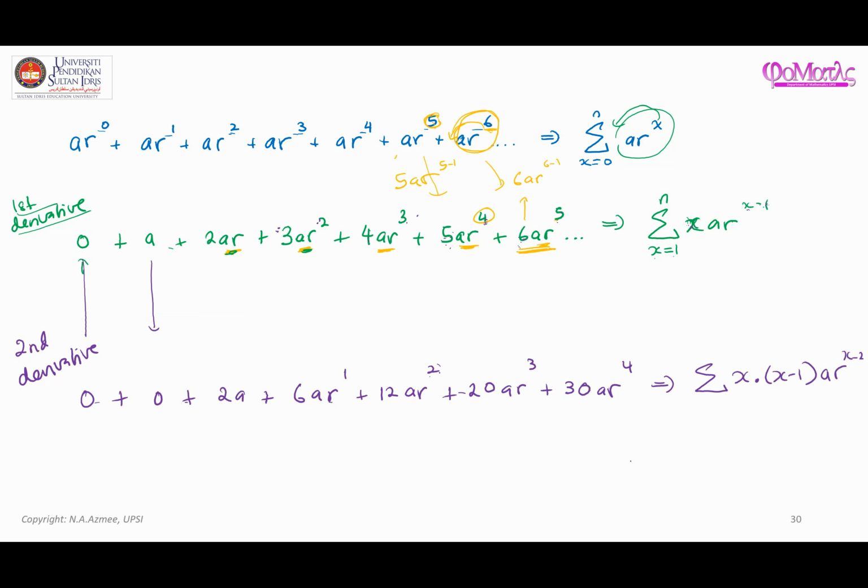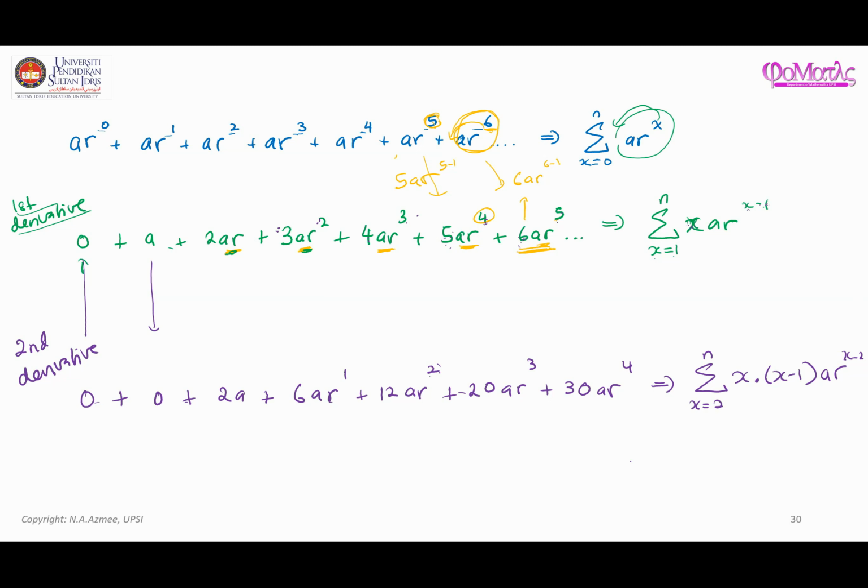And of course x has to begin from 2 because when it is 2, then you have r to the power of 0 here until n. Okay, so you cannot have a negative value here, so x has to begin from 2.